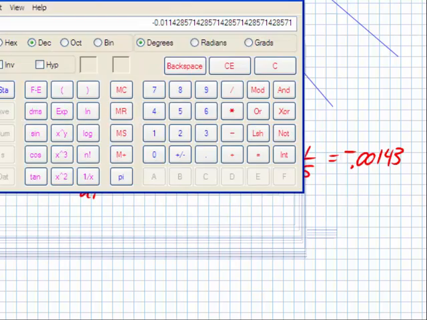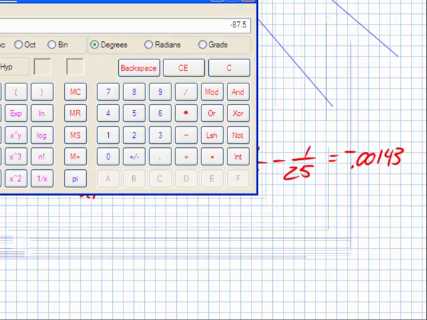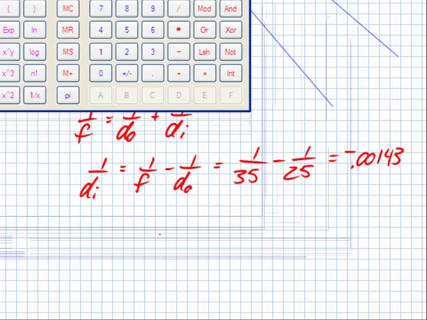Now, even though I've rounded that a little bit here for the purposes of writing it, I strongly recommend that you just take the full precision number in the calculator and just invert that, and we get 87.5 millimeters.